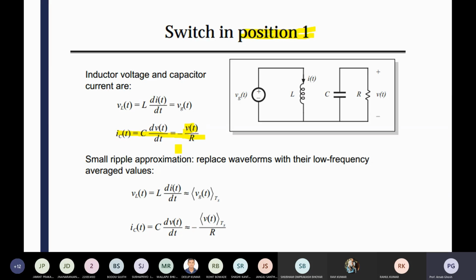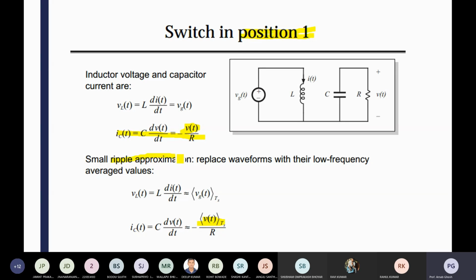So what can we do over there? We can write that for the switch on, when the switching converter switch is on, you can multiply that expression. So what is the average expression? It is the average expression after neglecting the small ripple.